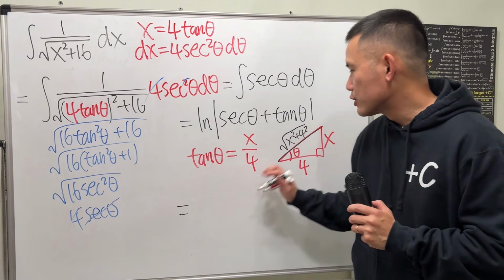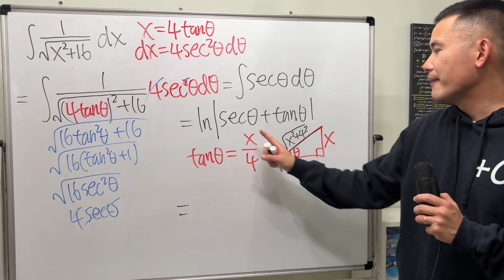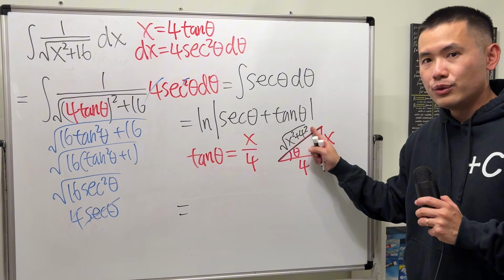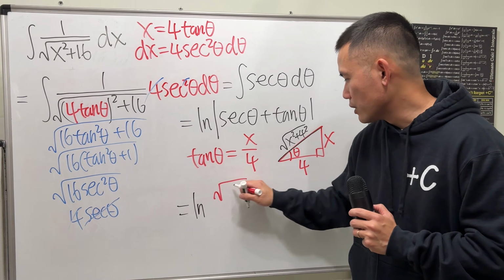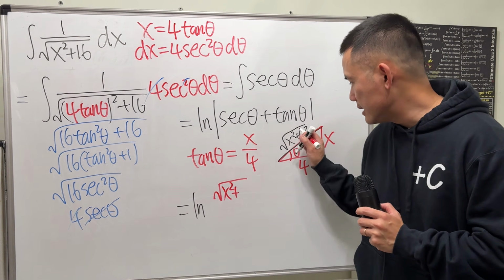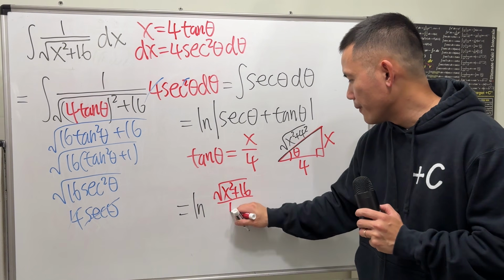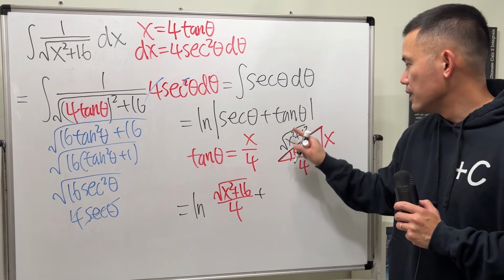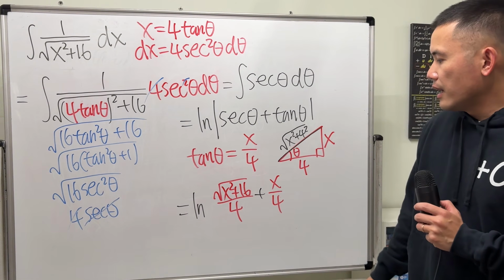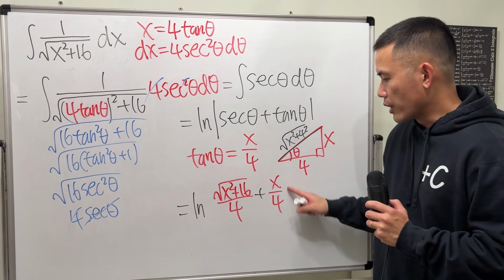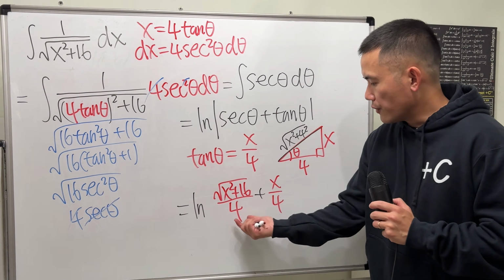Now, looking at this triangle, we can figure out secant theta, which is just hypotenuse over adjacent. So square root of x squared plus 16 over 4 plus tangent theta, which is just this right here. And usually we put the absolute value right here, but the 4 doesn't matter.